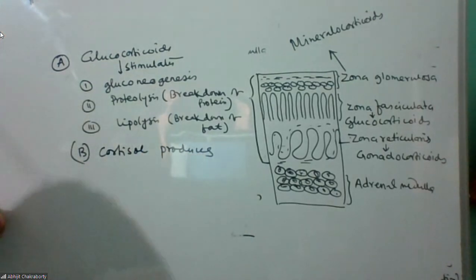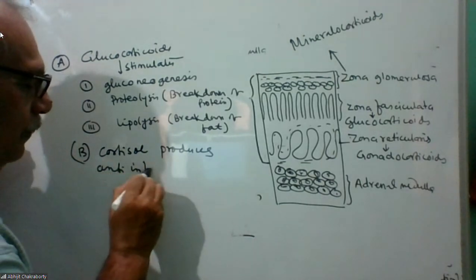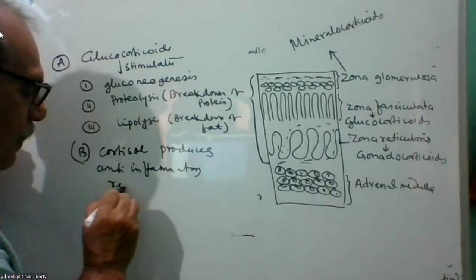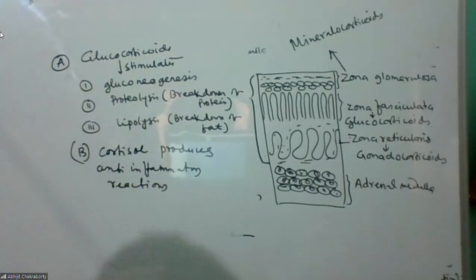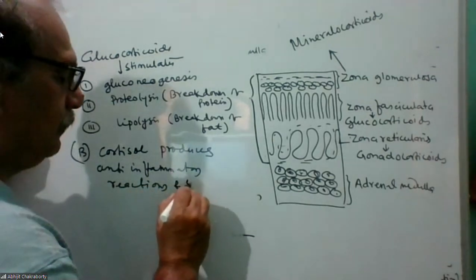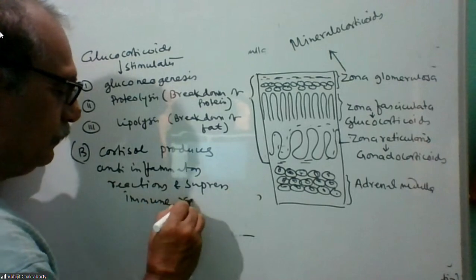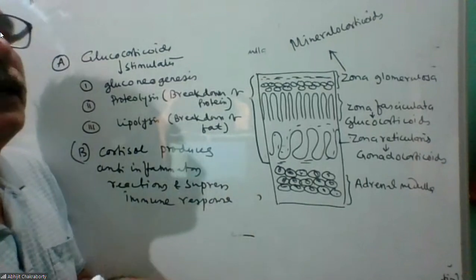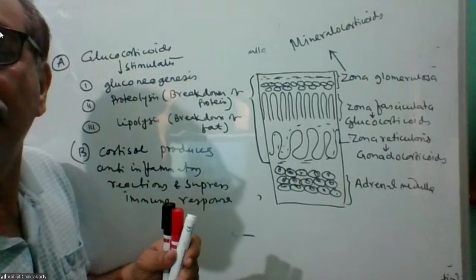Cortisol produces anti-inflammatory reactions and suppresses immune response. Most important. That's why in high allergy, mainly when someone is suffering from asthma, generally this drug is used.